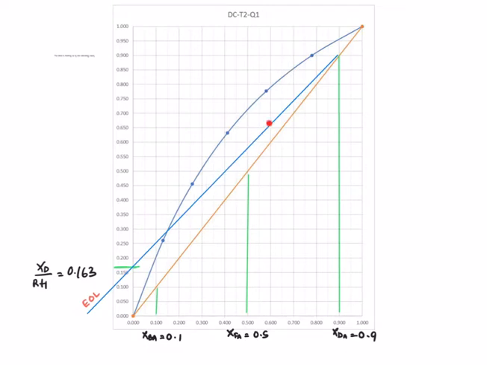Make sure you draw a straight line starting from the vertical value of xDA and then intercept with the y-intercept of the enriching operating line. So draw a straight line only. Make sure in your graph you label your mole fraction of your bottom product, mole fraction of your feed, and mole fraction of your distillate.